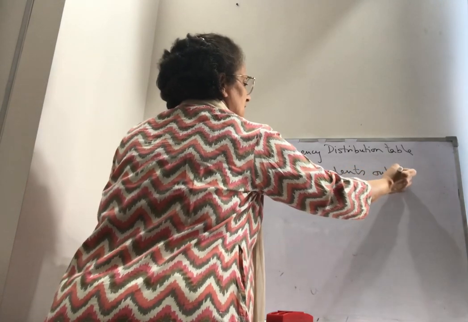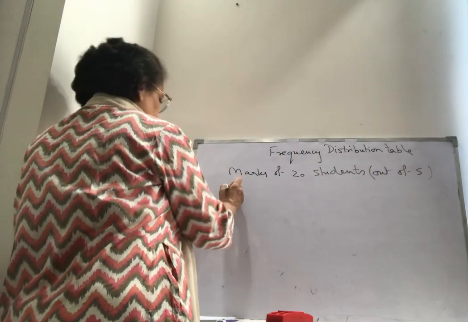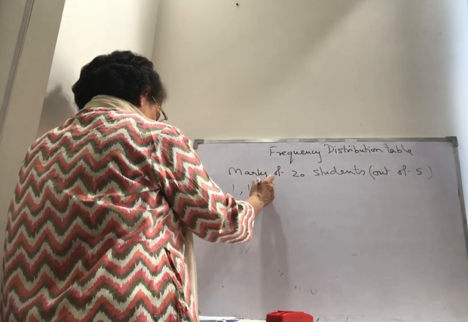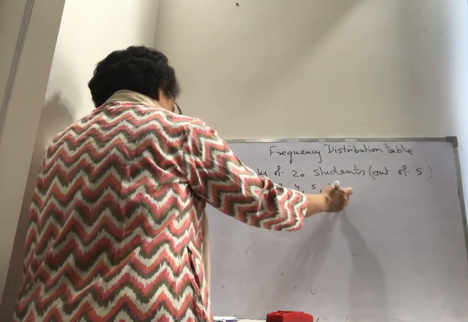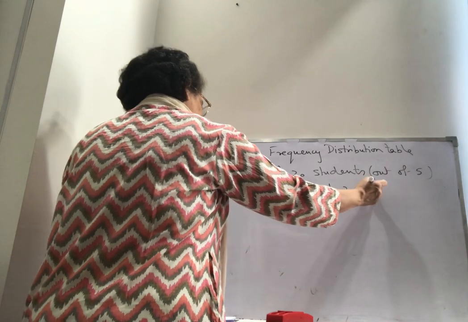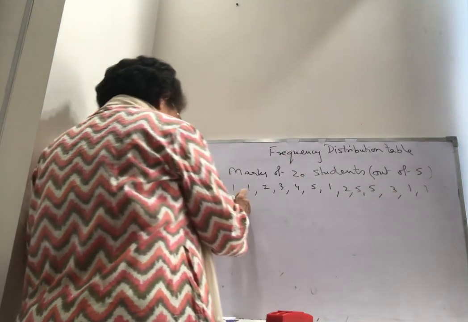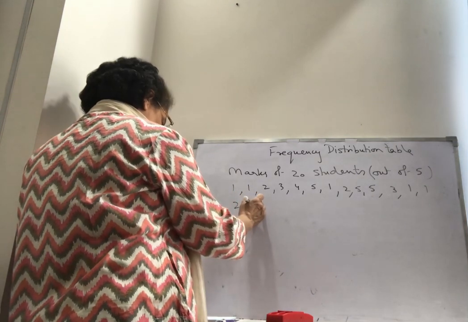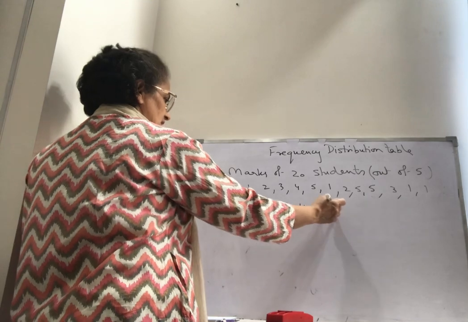These marks are out of 5. So these are the scores I am writing. 1, 1, 2, 3, 4, 5, 1, 2, 5, 5, 3, 1, 1, 2, 4, 5, 5, 4, 3, 3.